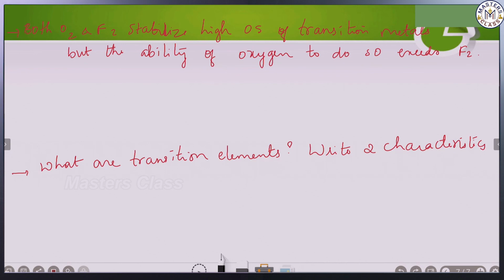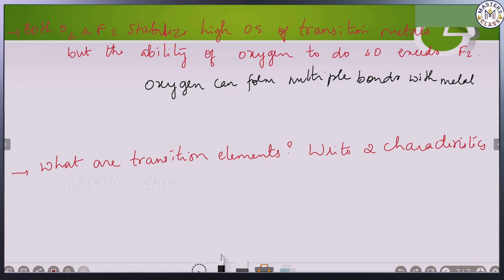Maybe fluoride is more electronegative than oxygen, but oxygen can form multiple bonds with metals. Because of this reason, the oxides are more stabilized than the fluoride molecules. So oxygen is more electronegative, and at the same time it can form multiple bonds also. But fluorine cannot form multiple bonds.